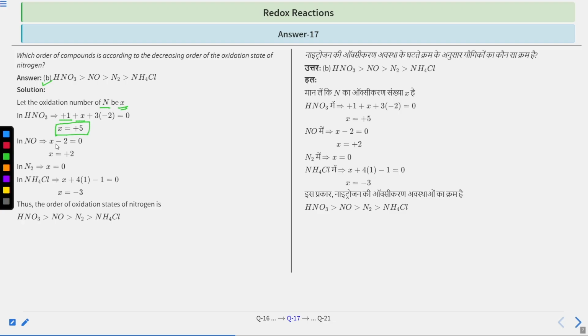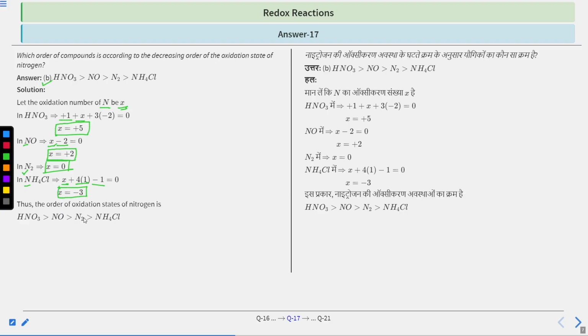In NO, X is for nitrogen, -2 is for oxygen, X - 2 equals 0, so X is +2. In N2, as it is in the elemental state, X is equal to 0. And in NH4Cl, nitrogen is X, hydrogen is +1, so 4 times 1, and chlorine is -1, equals 0, and on solving, X comes out as -3.